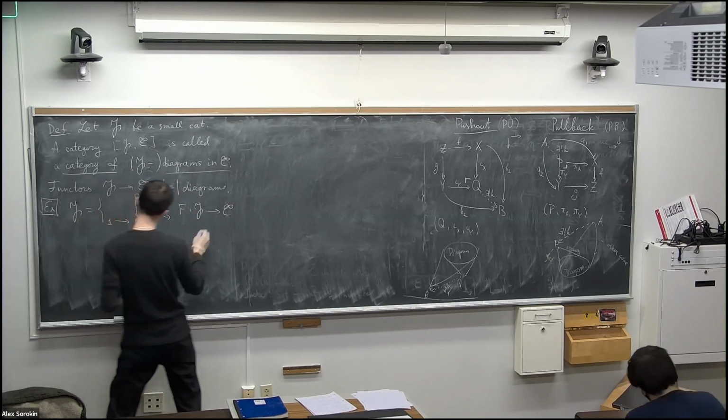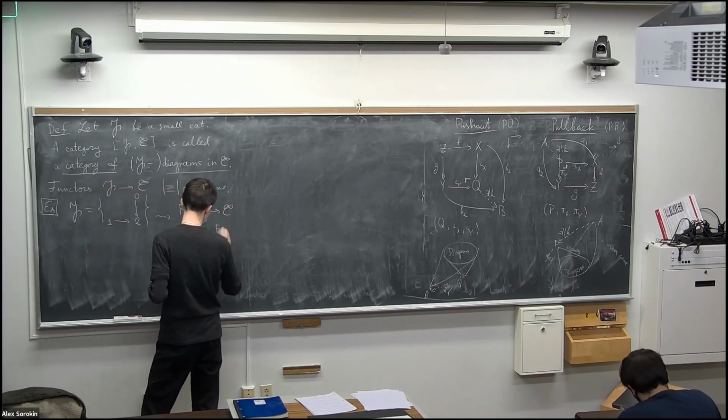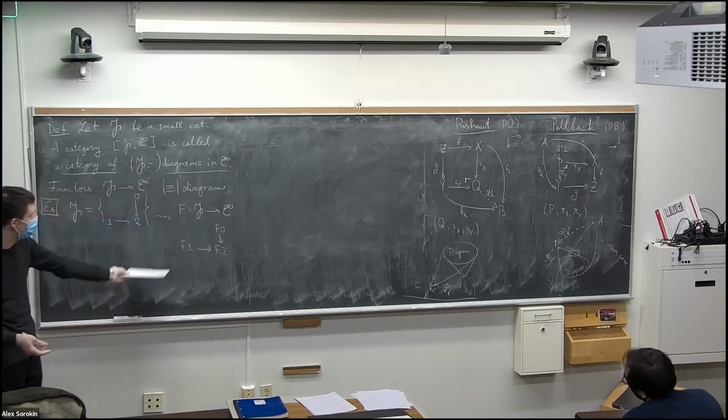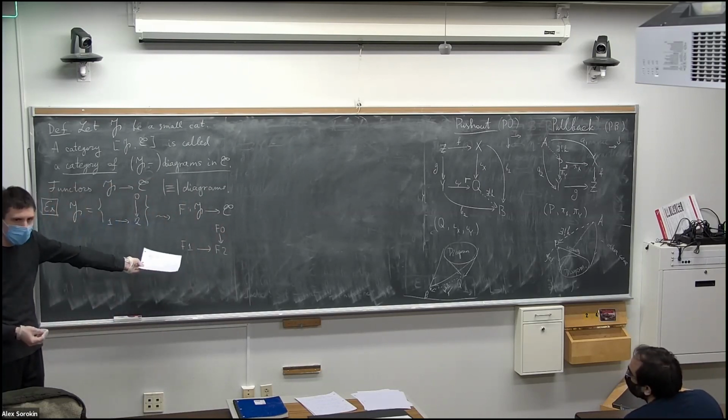So this functor will then be F of 0, F of 1, F of 2, and 2 arrows. So here is your diagram. It's a simple diagram, very simple, finite.